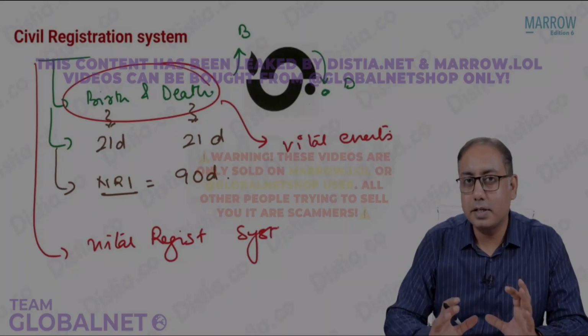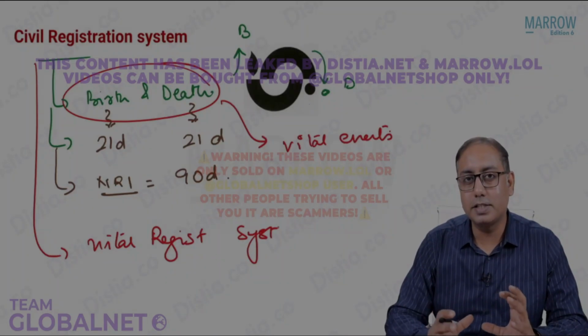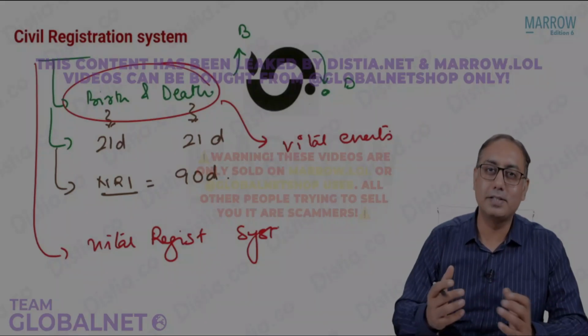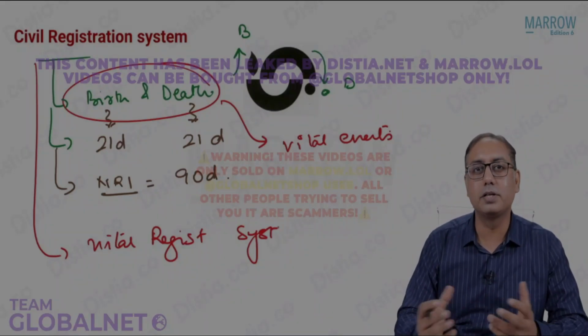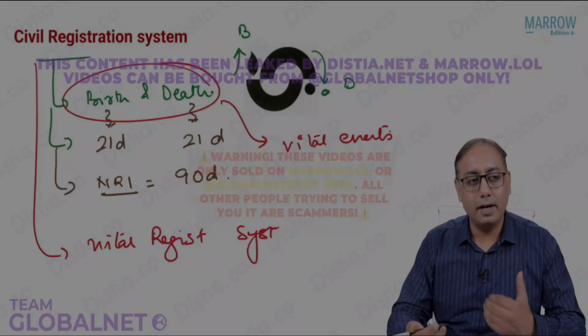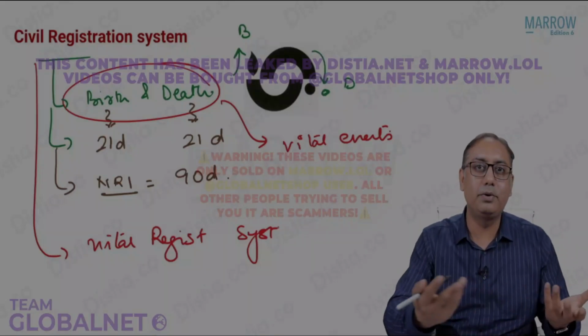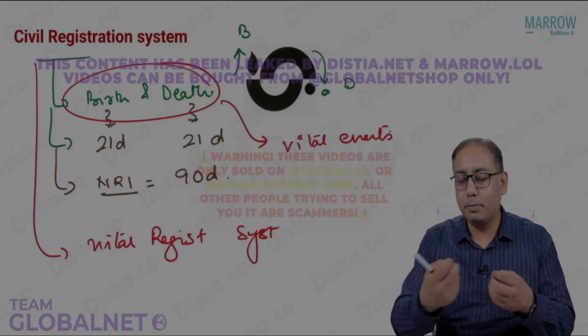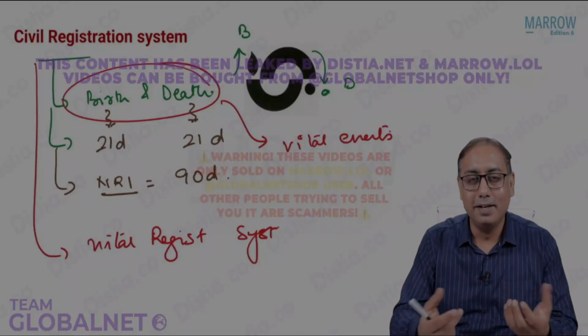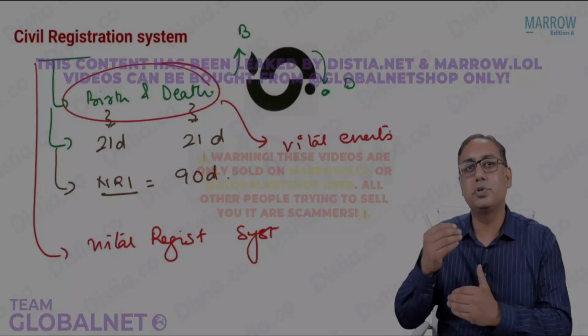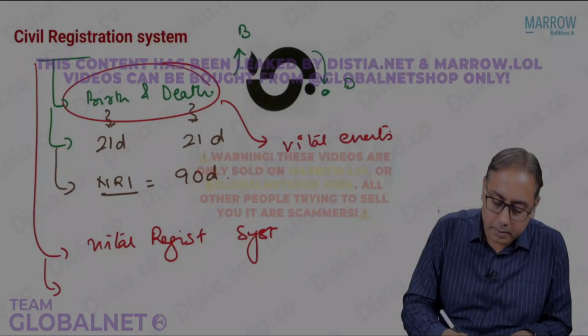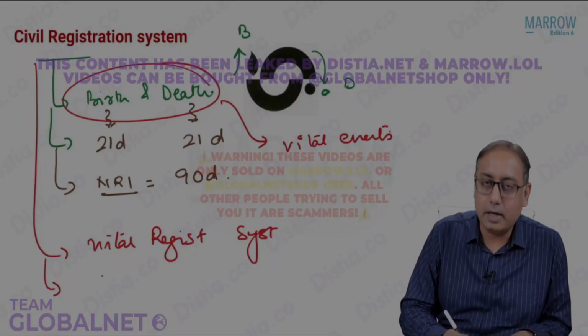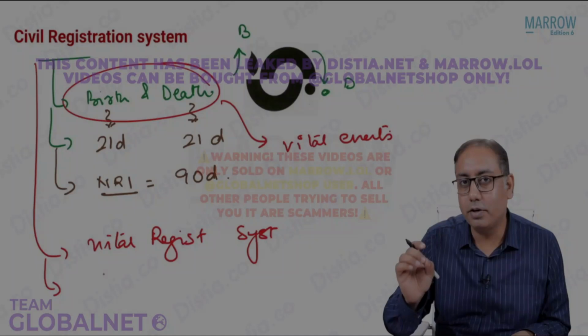But you need to understand that the CRS is not a survey technique. Actually, I've clubbed it under the survey techniques, but it's actually not a survey. Survey means you knock on somebody's door and say, hi, how are you doing? What is happening? How many people do you have? That's kind of a survey. But this is an ongoing registration system. It is under the Ministry of Home Affairs, under the Office of Registrar General of India.